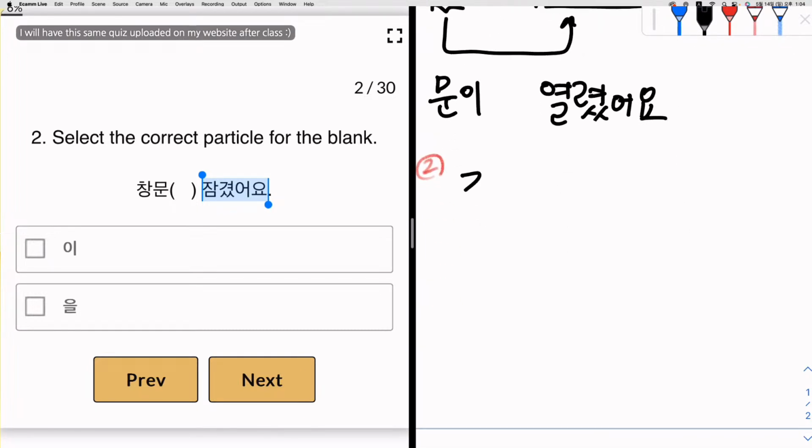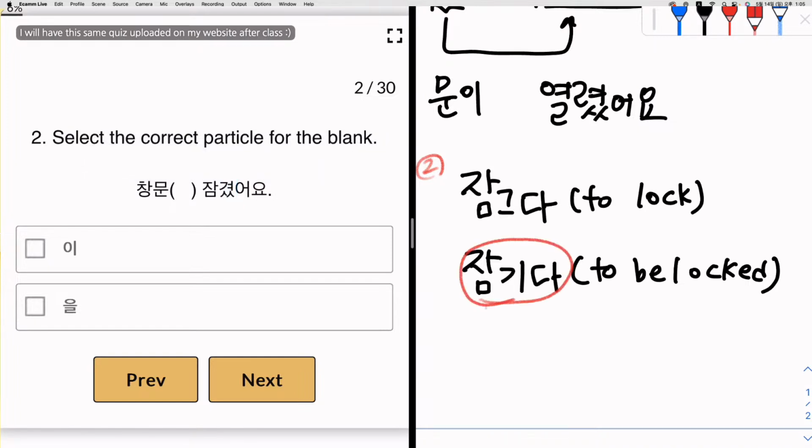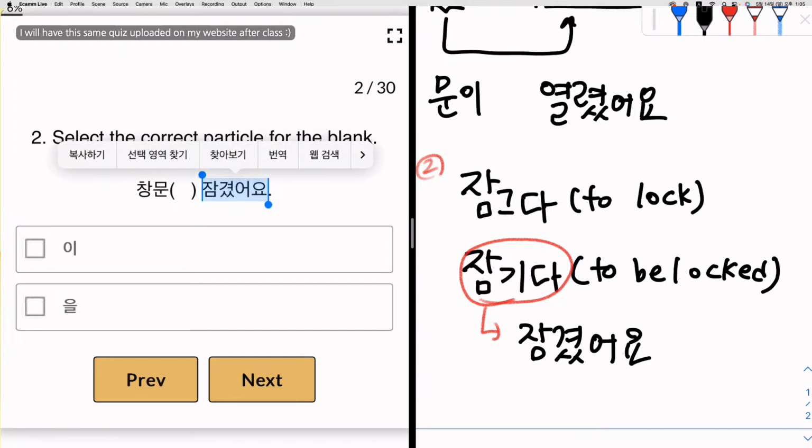So we learned 잠그다. 잠그다 means to lock, and its passive form is 잠기다. 잠기다, to be locked. And this 잠겼, seeing from this 겼, you can know that it's conjugated from 잠기다. 잠기다's past tense conjugation would be 잠겼어요, right? So this 잠겼어요 would mean is locked.